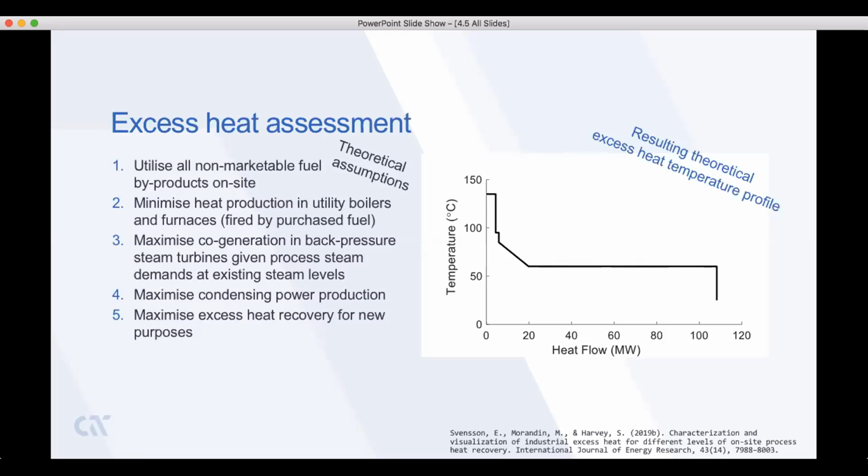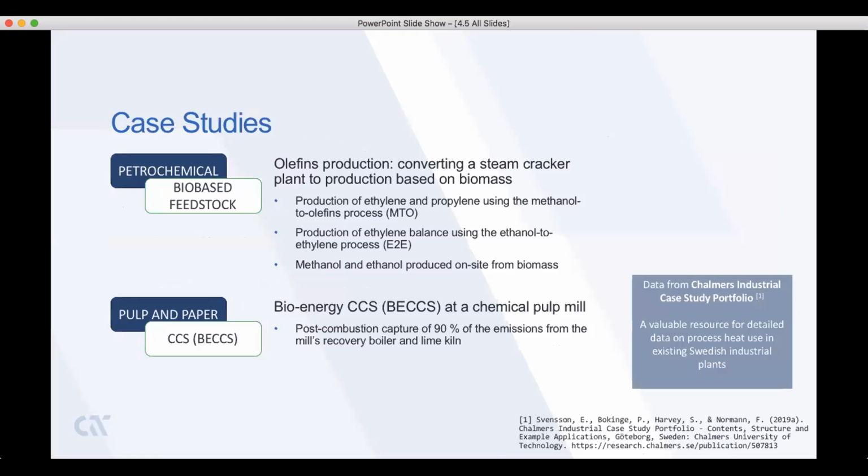On the other hand, the design is generally not known for the future process, and by making theoretical assumptions, a consistent approach can be used for both processes. The theoretical assumptions mean that the actual excess heat targets are likely underestimated, but the use of the consistent assumptions means that a good idea about the change in excess heat levels can be obtained.